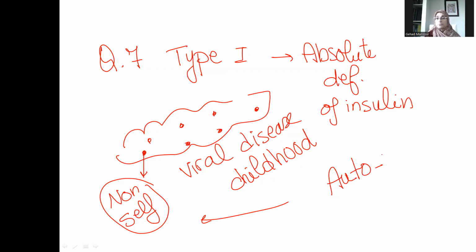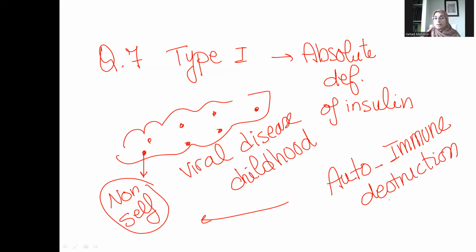And since the immune system is attacking your own cells, we can say that there is an autoimmune destruction of the cells of the pancreas that produce insulin, which are beta cells of the pancreas.